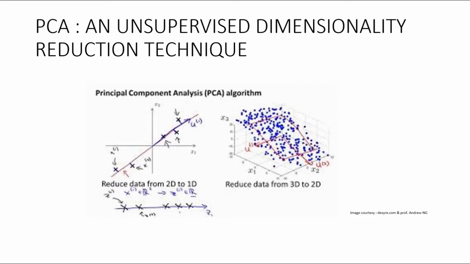As mentioned, PCA is an unsupervised dimensionality reduction technique that enables you to identify correlations and patterns in a dataset so that it can be transformed into a dataset of significantly lower dimension without loss of any important information.